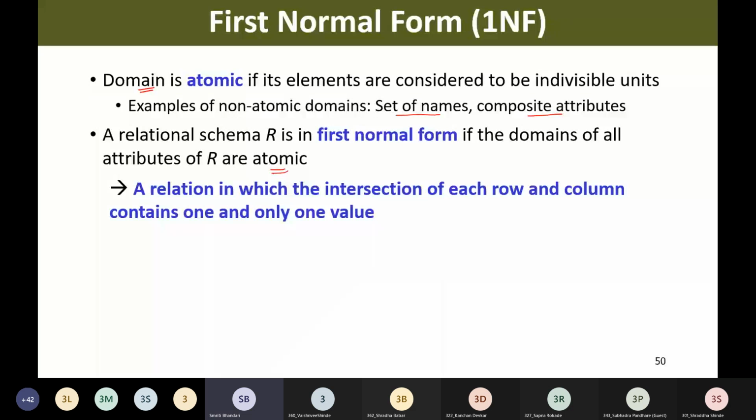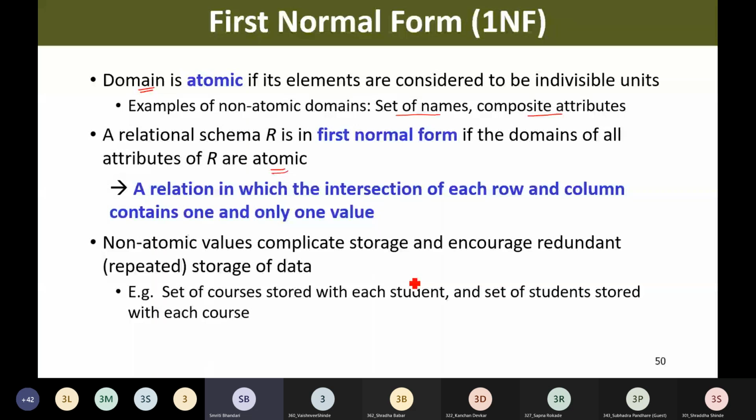Let us see an example of non-atomic values. In fact, non-atomic values complicate the storage, and they actually encourage redundancy while storing the data.